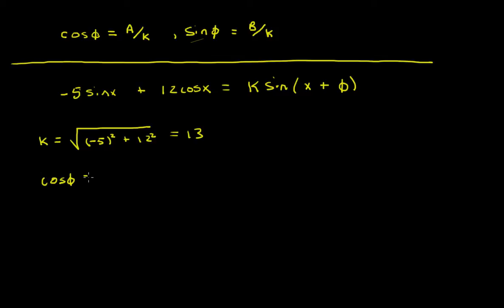So in this case, the cosine is negative 5/13, and the sine of phi is positive 12/13. Now, before jumping in and grabbing a calculator, let's think about what quadrant we should expect this angle phi. If the cosine is negative and the sine is positive, that puts us in quadrant 2.